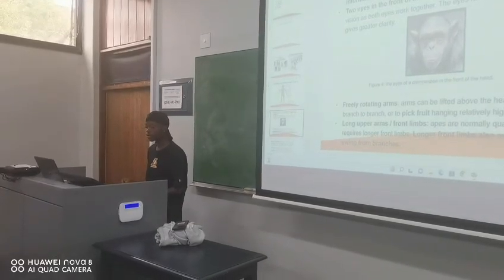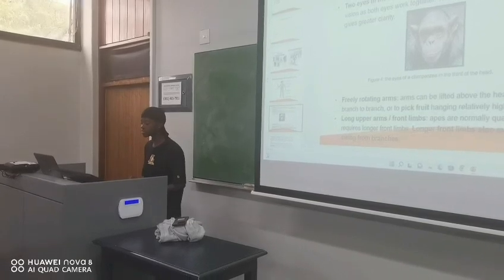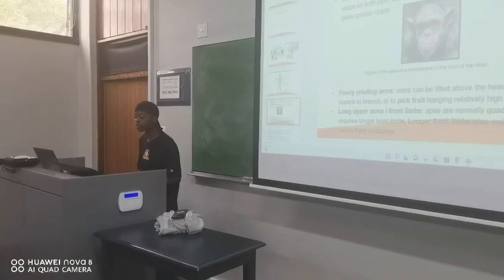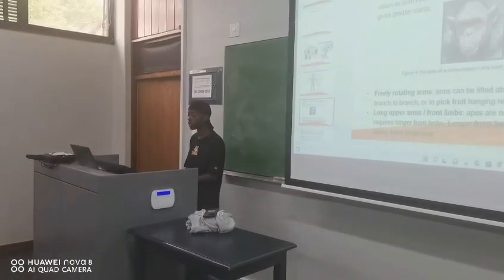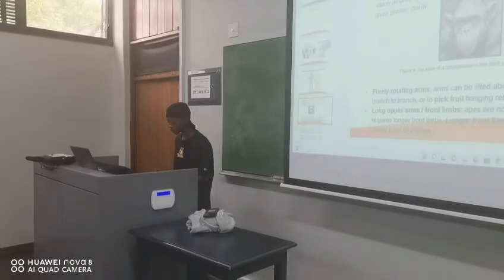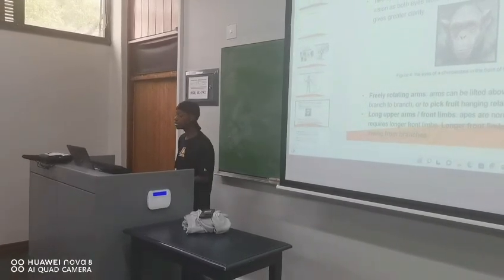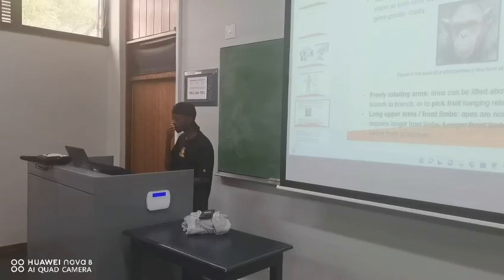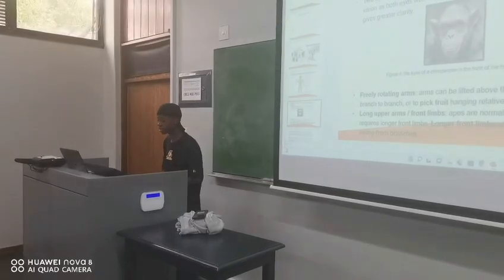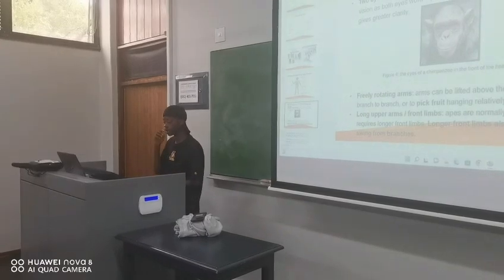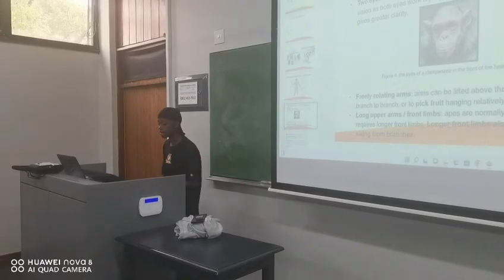They have freely rotating arms that can be lifted above their head to swing from branch to branch or pick up food from the ground. They have long upper arms or front limbs; apes are normally quadrupedal, and humans are bipedal, which is going to be covered later in this topic.